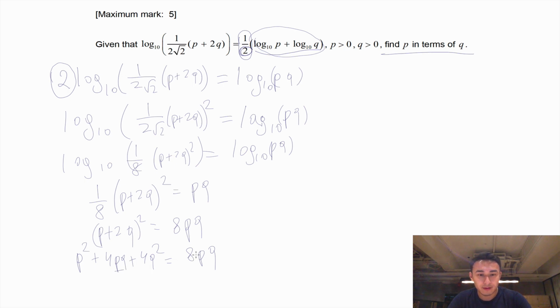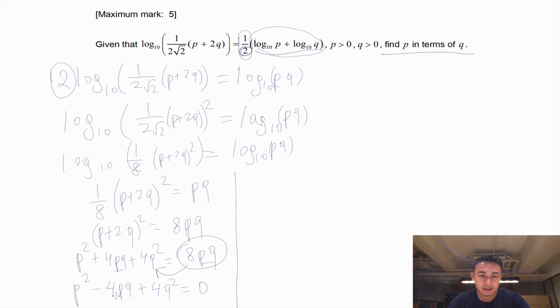Okay, so we have pq and pq. Let's take this 8pq to the left hand side, so that we have p squared. Now 4 minus 8 gives us negative 4pq plus 4q squared. Right hand side now is 0.